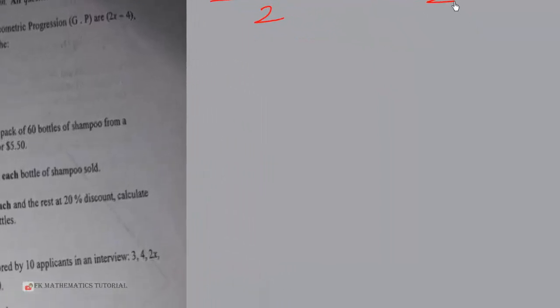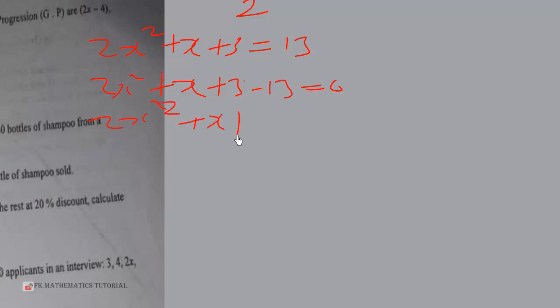So we need to simplify this. So we get 2x squared plus x plus 3 all over 2 is equal to 6.5 times 2, which is 13. So 2x squared plus x plus 3 minus 13 is equal to 0. So we get 2x squared plus x minus 10 is equal to 0.